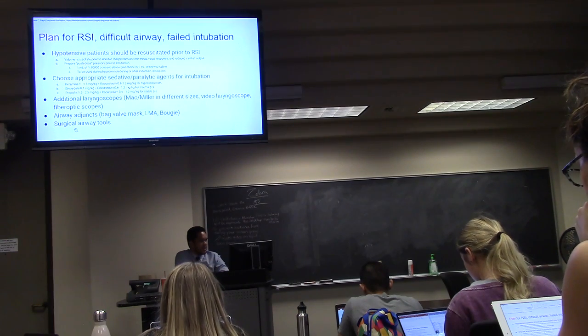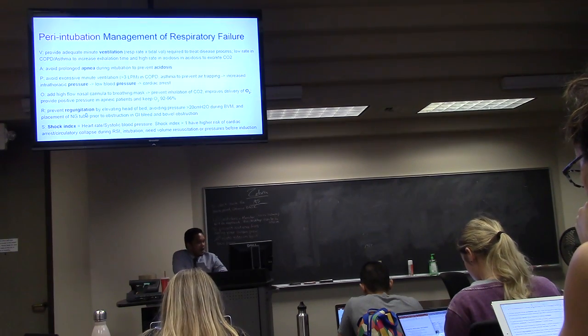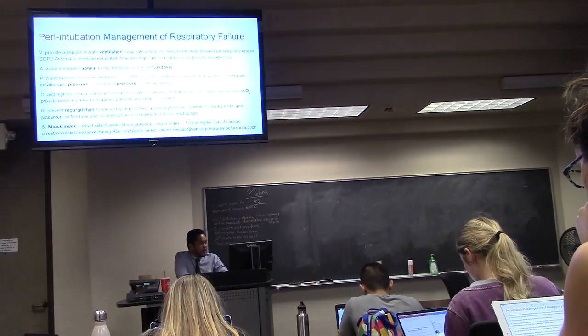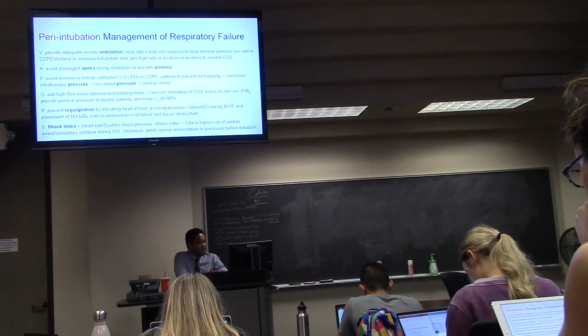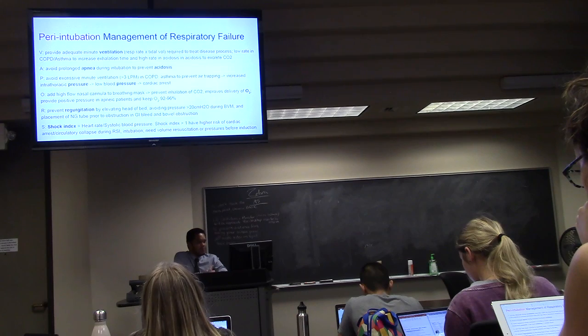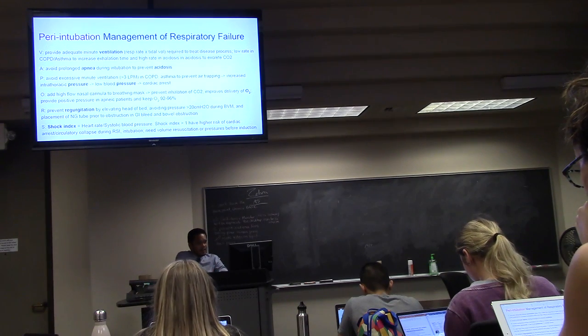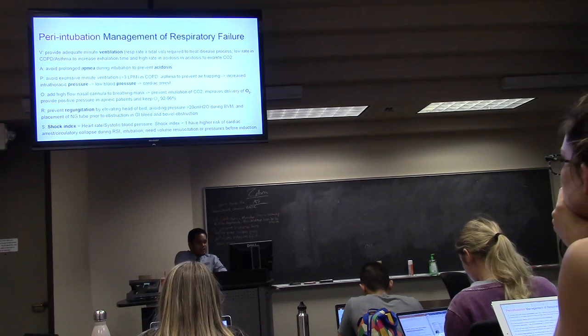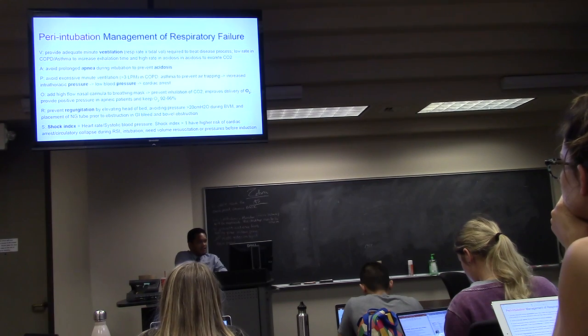You should prepare for that. So once you have a plan, then you need to make sure that the patient is adequately resuscitated, because with RSI, you're basically giving them a sedative and a paralytic, and a lot of times those patients cannot tolerate it and they can crash.